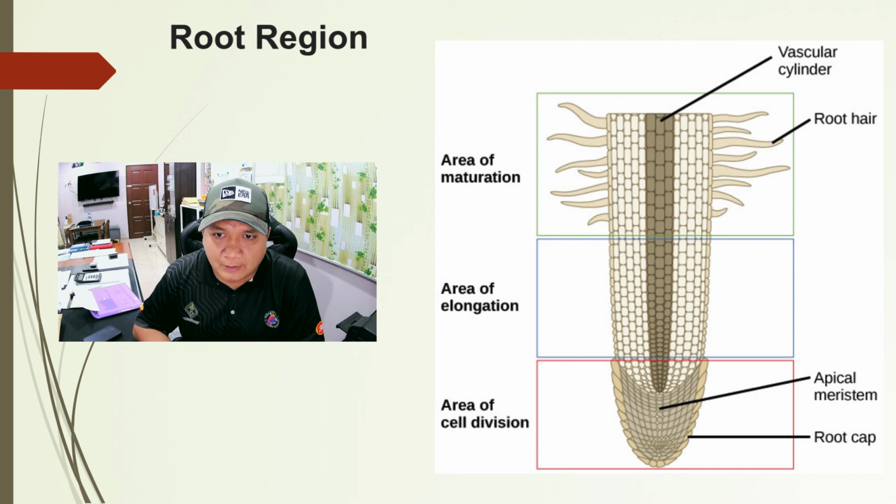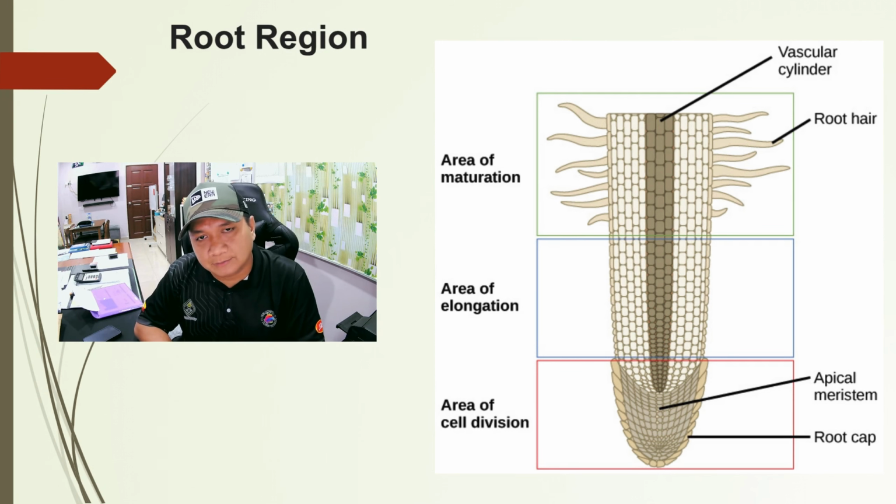The other name of quaternary root is rootlets. For your information, the most active root for absorbing nutrients or fertilizer is the quaternary root.